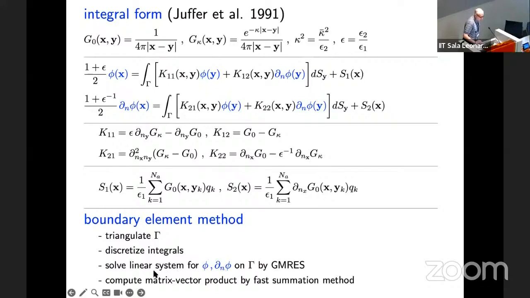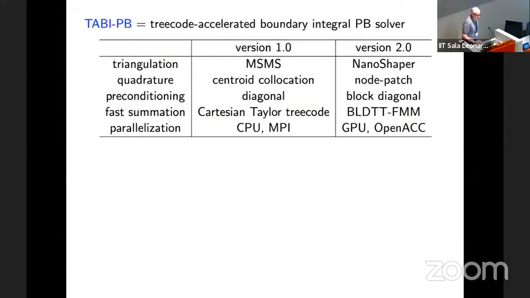What we're going to do is compute the matrix-vector product at each iteration by a fast summation method, and I'm going to concentrate on the fast summation method. We call this approach the treecode-accelerated boundary integral PB solver.